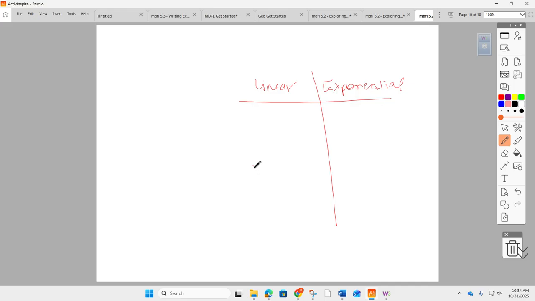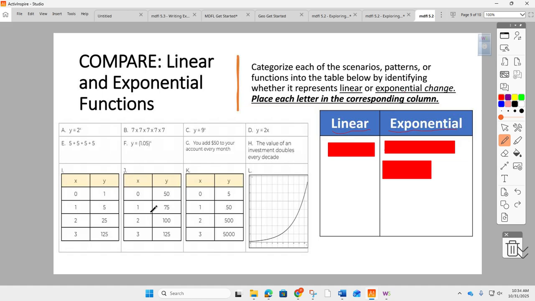One of the things you're going to have to be able to do on the test is pick out linear versus exponential, or identify linear versus exponential functions. So we've got A through L. Which one is linear? Which ones are exponential? Anytime there's a variable in the exponent, it's exponential.